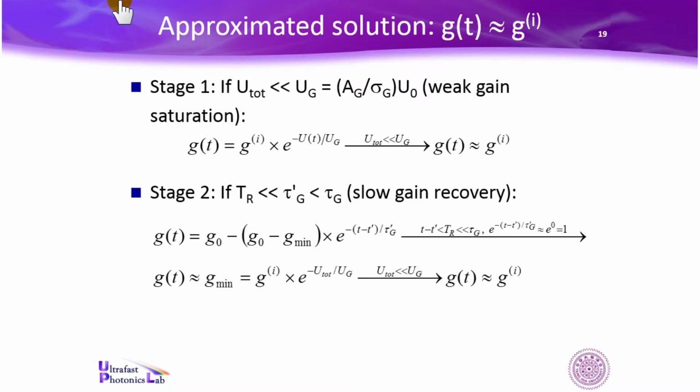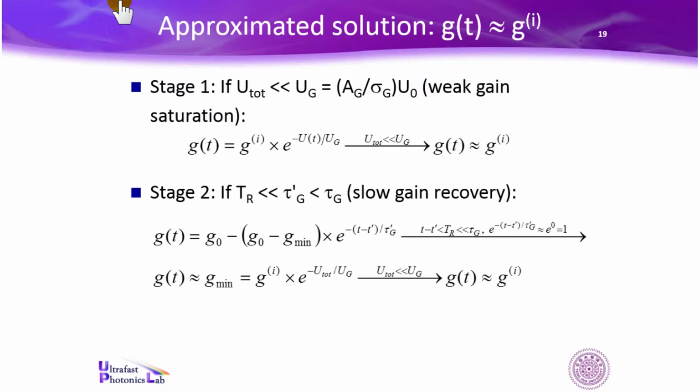But we have stage 2 to deal with, right? In stage 2, we also assumed the repetition period is much smaller than the gain recovering time constant, tau g prime, and of course, it's shorter than tau g. This is the so-called slow gain recovery assumption we have made in the beginning.